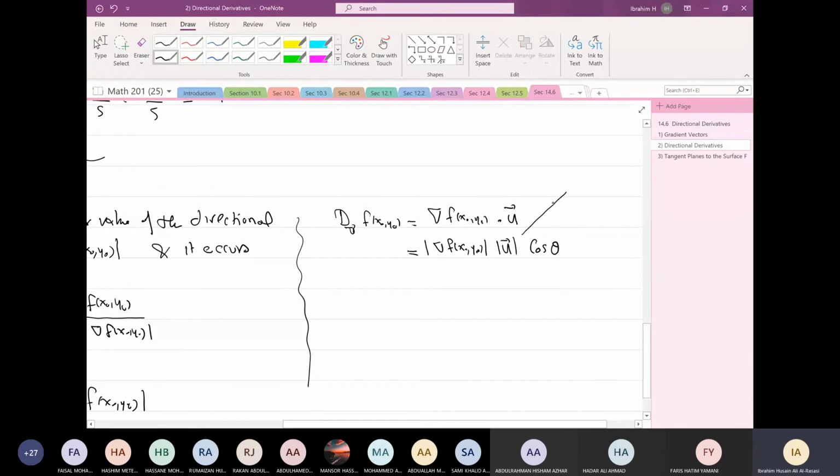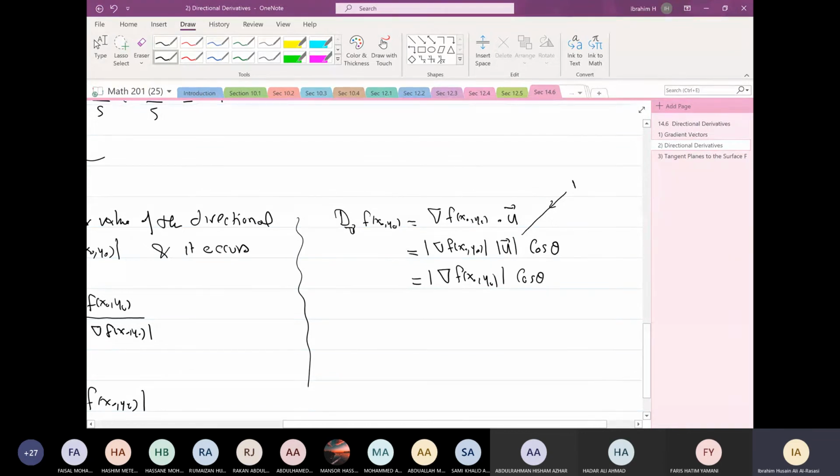Since u is a unit vector, its magnitude is 1. So this becomes the magnitude of the gradient of f at x0, y0 times cosine theta.